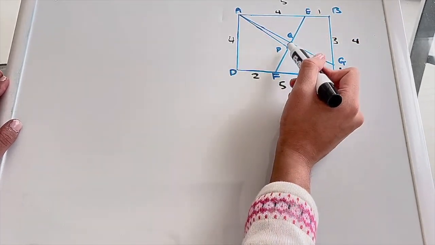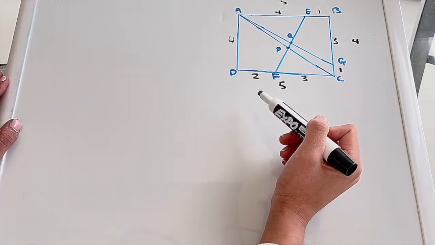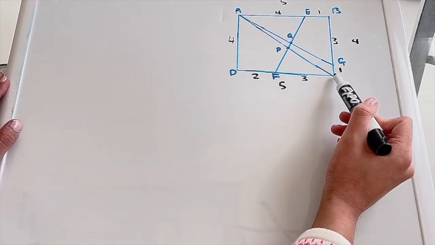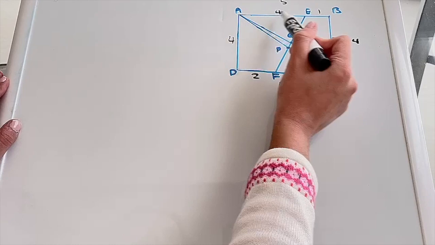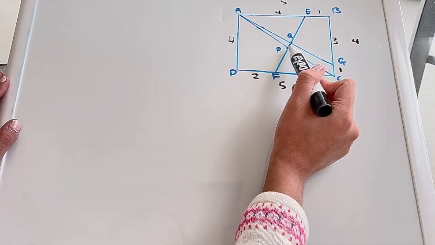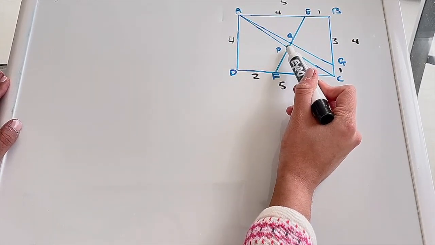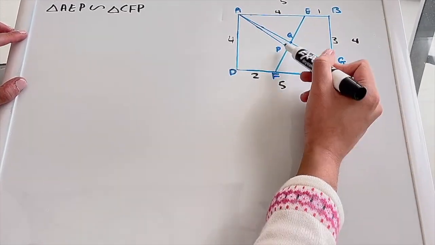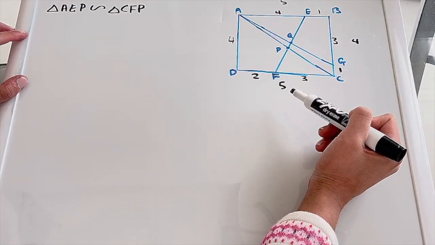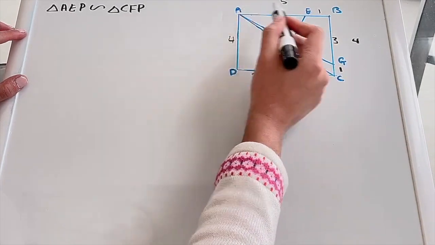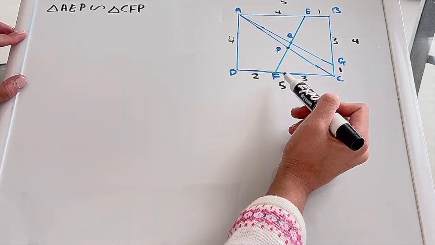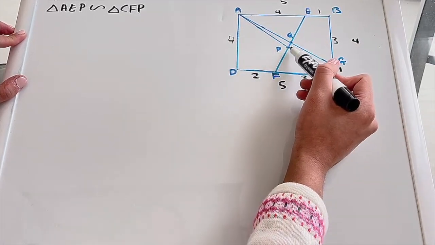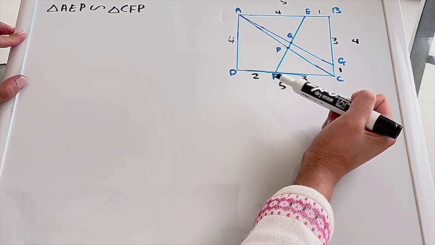To find these measurements, we can use similar triangles and see that AE over FC we know is 4 over 3. The triangles are triangle AEP and triangle CFP. We know these triangles are similar because this is a rectangle and we know the measurements of these sides, and these are vertical angles.